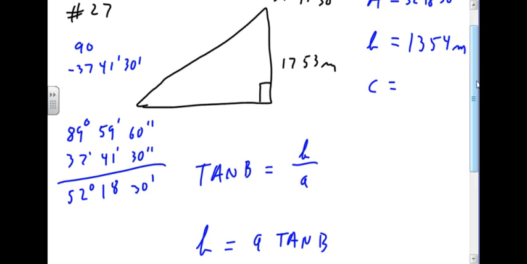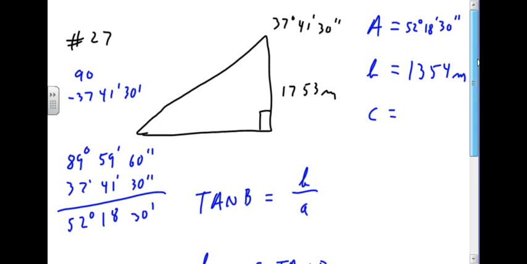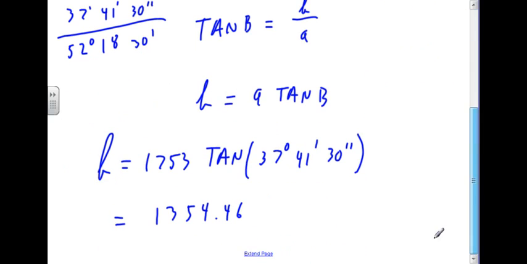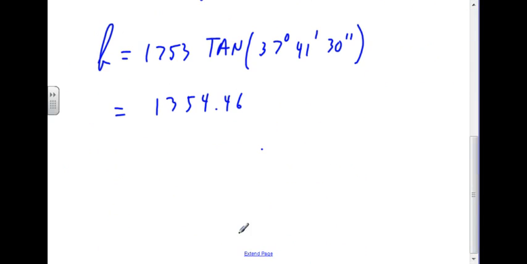All right, so now the issue is how am I going to get C? I think I'm going to use the cosine function. So the cosine of B is going to be the adjacent side, 1753, divided by the hypotenuse.